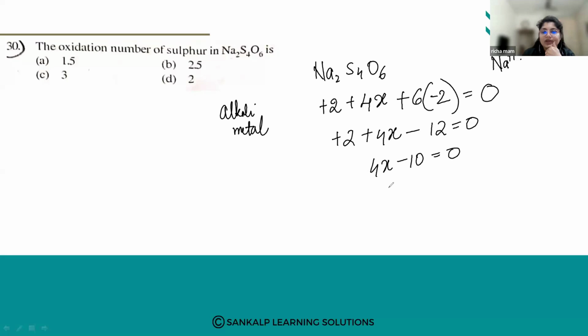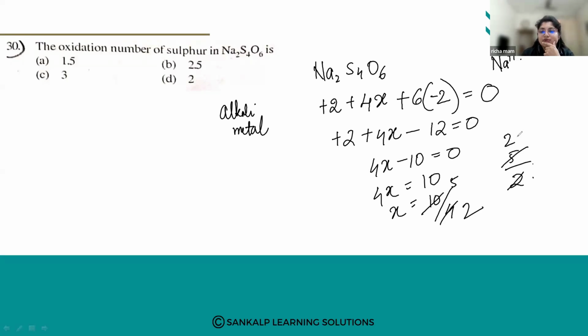So 4x equals 10, x equals 10 by 4, that is 5 by 2, which is 2.5. Option B.